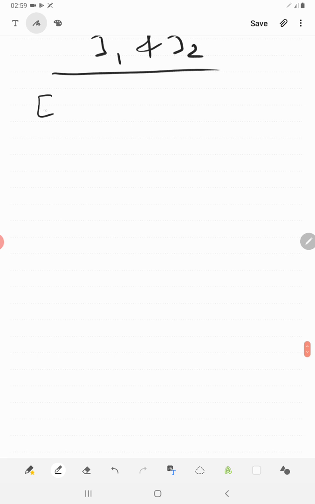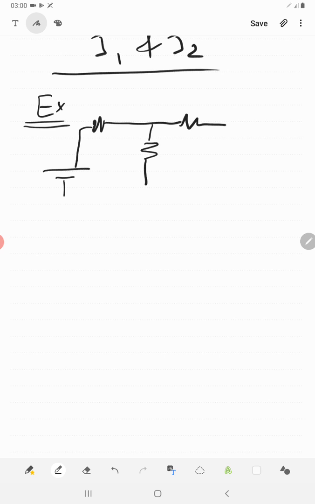Example. Let's take a resistor here, a resistor here, a resistor here, and let's have something like this. Let's also add a positive source here.